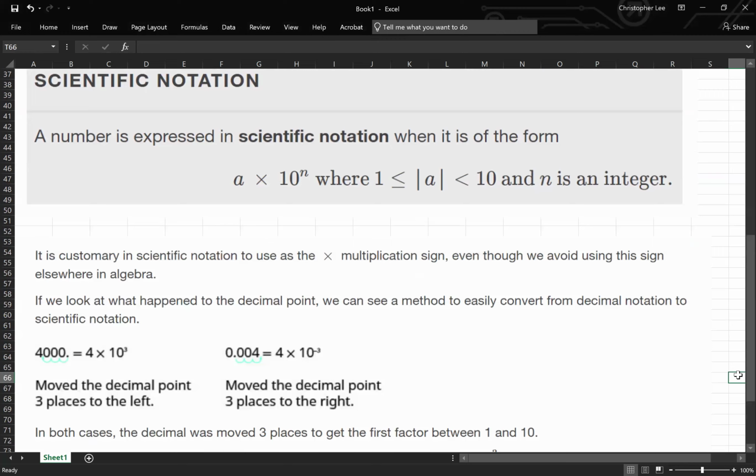All right. So it is customary in scientific notation to use X as the multiplication sign, even though we avoid using the sign elsewhere in algebra. If we look at what happened to the decimal point, we can see a method to easily convert from decimal notation to scientific notation. So I have 4,000, right?